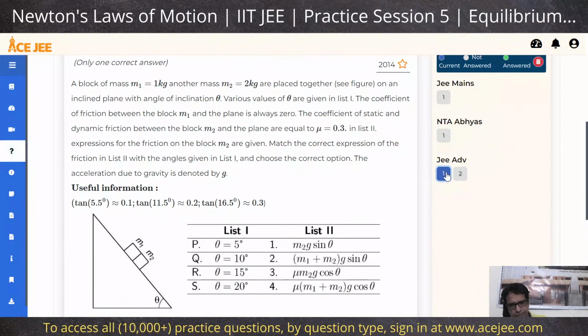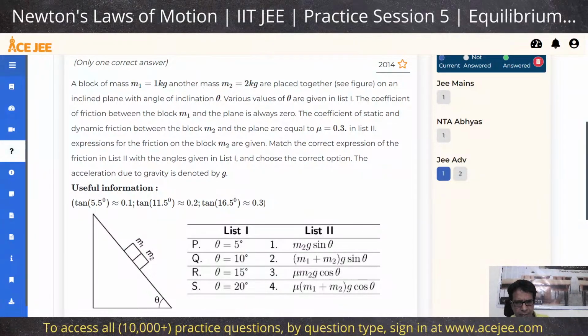For the students on YouTube, note that there is no frictional force between m1 and the incline.